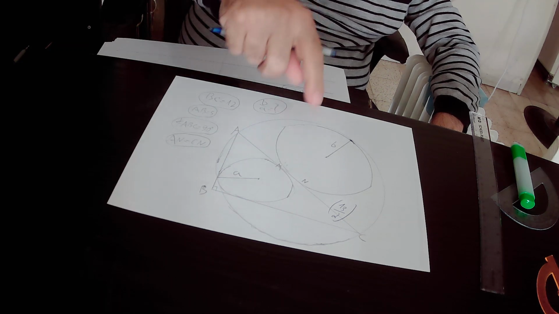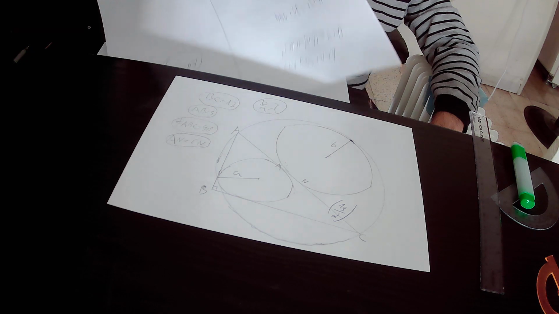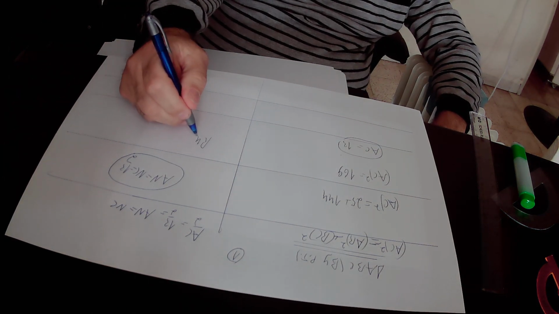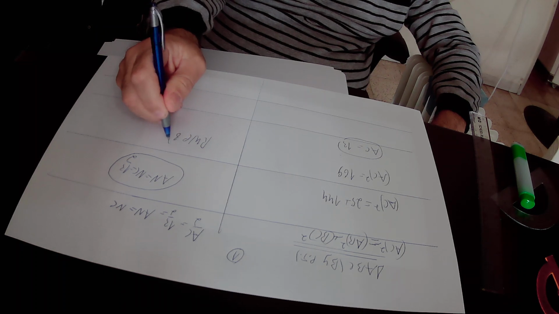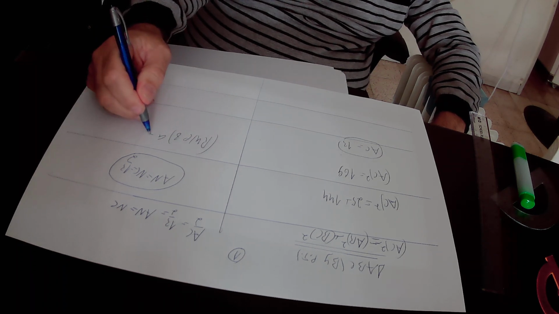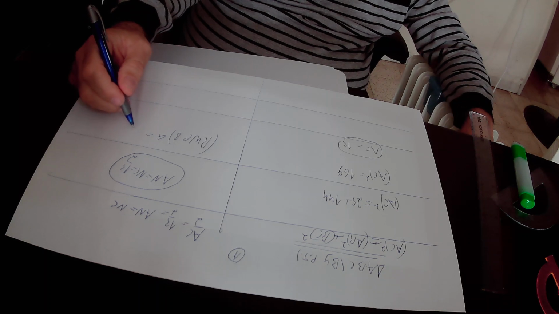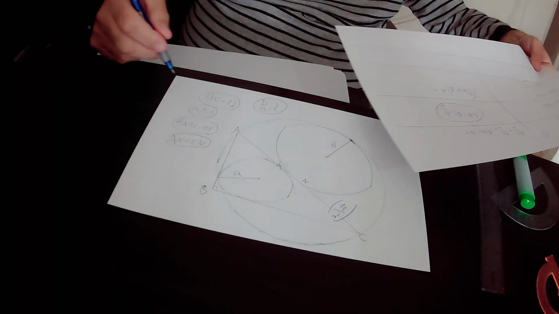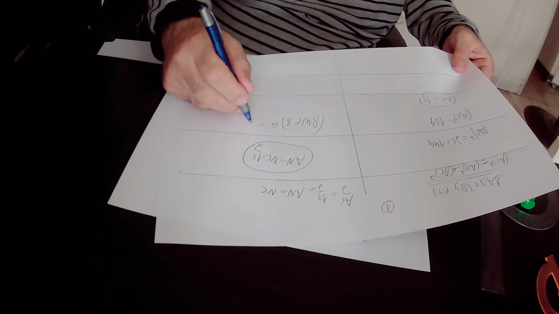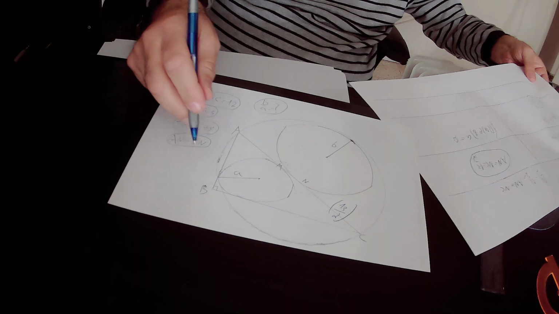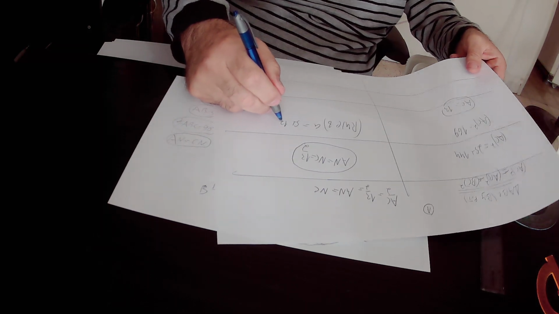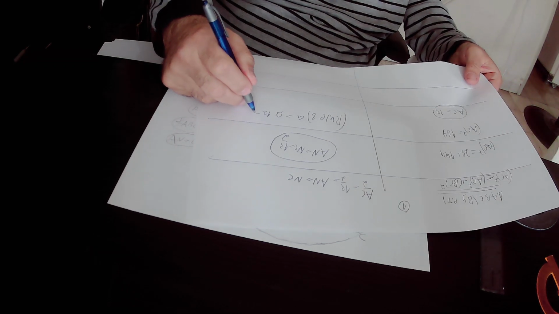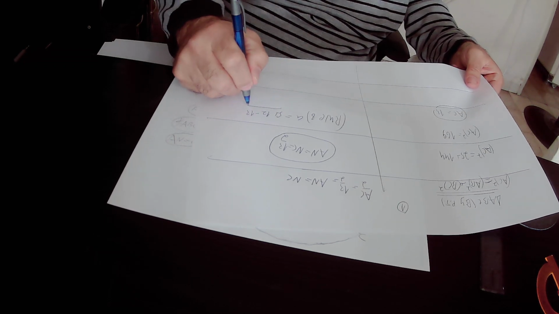The radius A of this circle, according to rule number 8, the radius A will be equal to AB, that is 5, plus BC, that is 12, minus the length of the hypotenuse AC, that is 13, over 2.